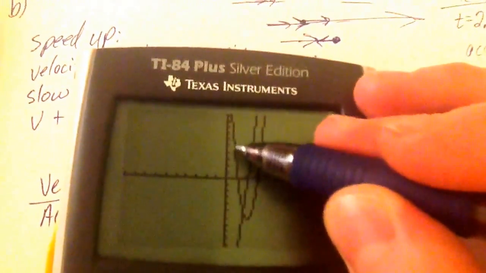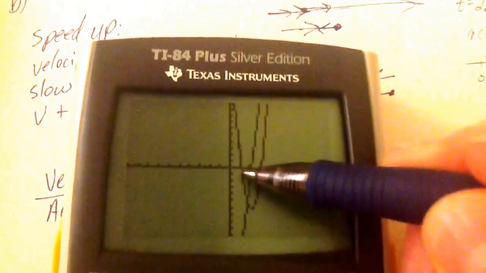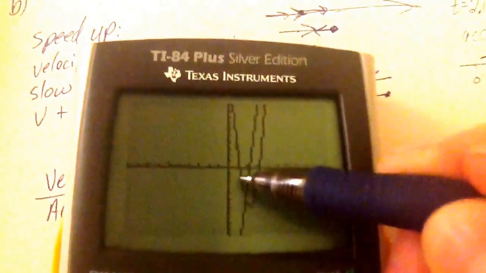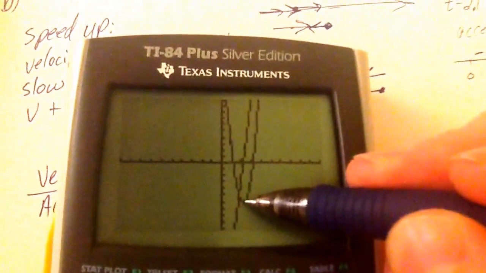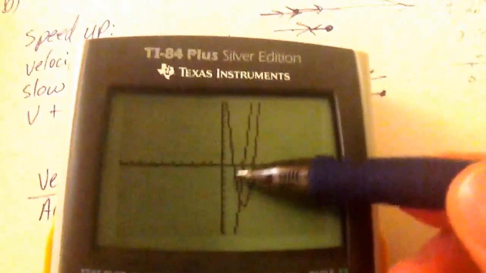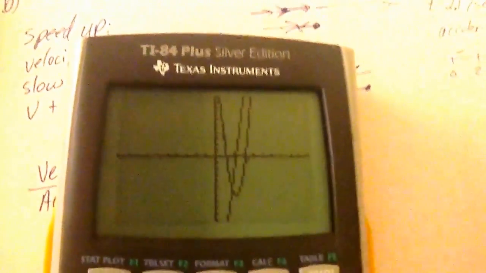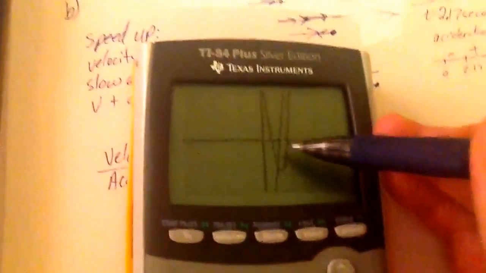Velocity changed from positive to negative over here, and it stays negative this whole time, but notice the velocity is getting more and more negative right here. That basically means it's speeding up, right? And then right here the velocity is still negative, but it's getting less and less negative, so it's slowing down. So this whole region right here, as far as velocity goes, it's still moving to the left, but here it's going faster and faster to the left, and then right here it's still going to the left, but now it's just slowing down. So that's going to change everything, and we can see that because our acceleration changes signs.